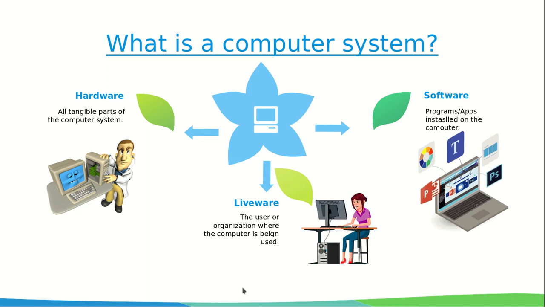Without wasting time, let us now go to our area of interest. Our area of interest is actually computer systems. So the big question is, what is a computer system?